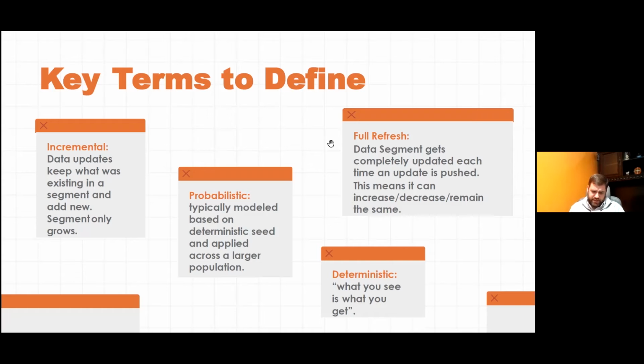They understand there's a certain demographic breakdown of who their viewers are. And based on that, they can apply their models to a larger population based on what they know about their current subscribers. So both probabilistic and deterministic are effective, but when to use them is really dependent on the use case.